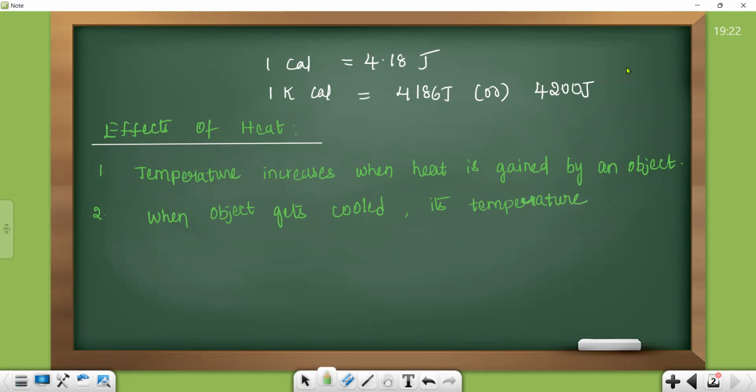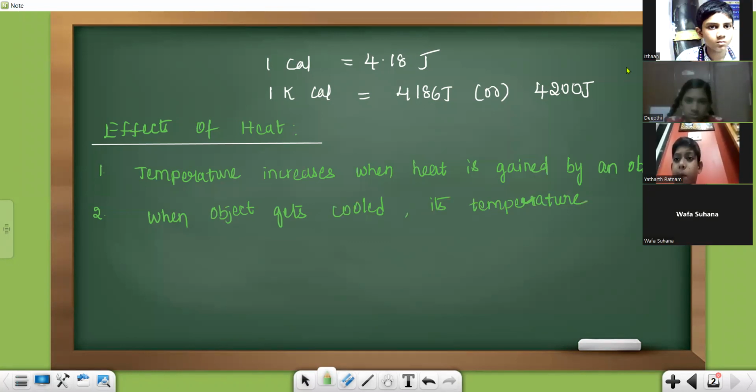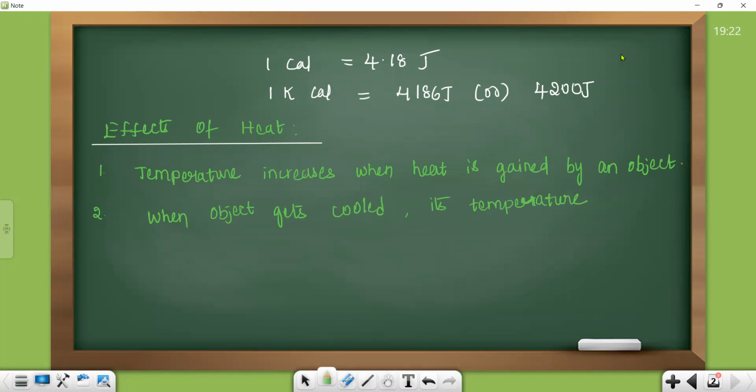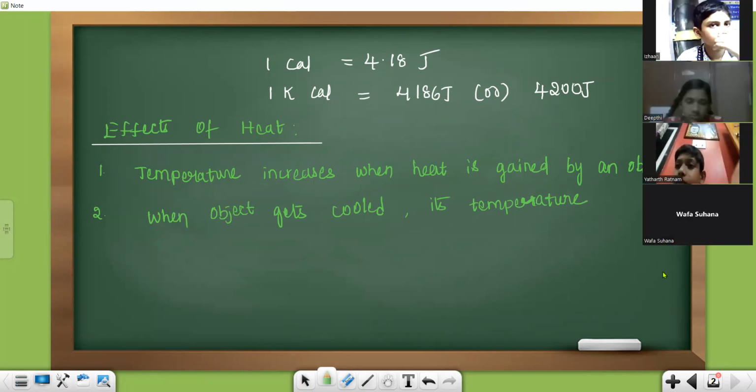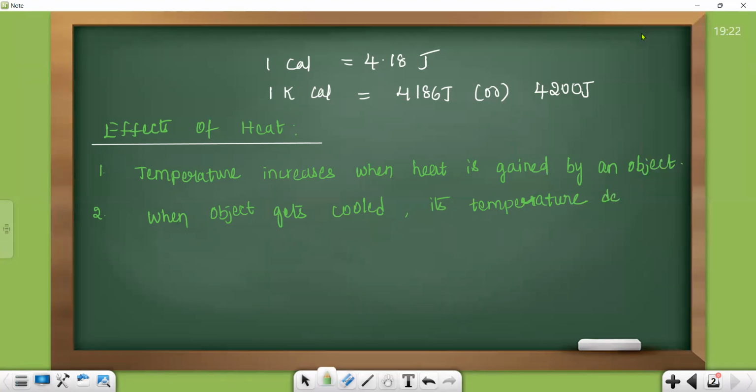The body is cooled. Will its temperature increase or decrease? Decreases. Yes, its temperature decreases.